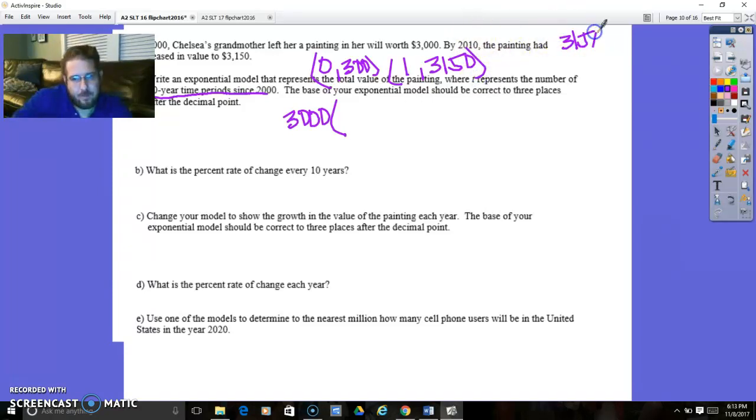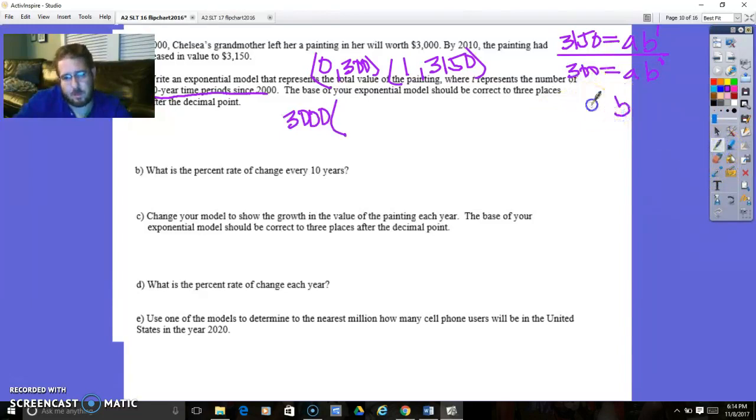So 3150 equals a times b to the first power, and 3000 equals a times b to the 0th power. So 3150 divided by 3000 gives us 1.05.